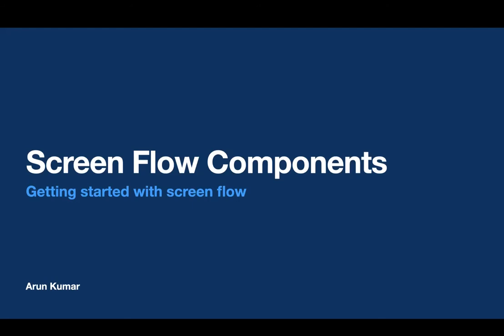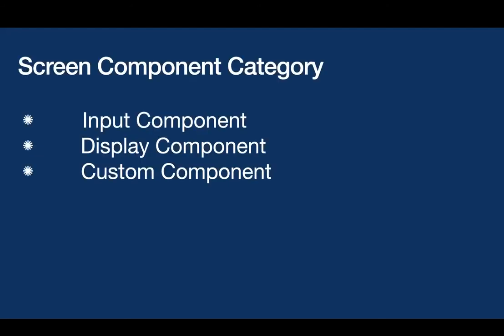Okay. So basically, there are three different categories of screen flow components we have. So we have an input component, we have a display component, and we have a custom component. The input component includes standard components that request the information from the user, like whatever input that you want to take from the user. The display component includes a standard component to display the information to the user, like output, like we use the output field, right?